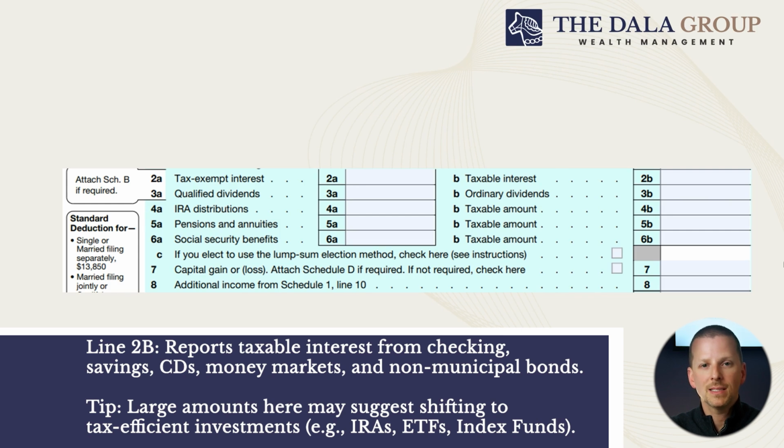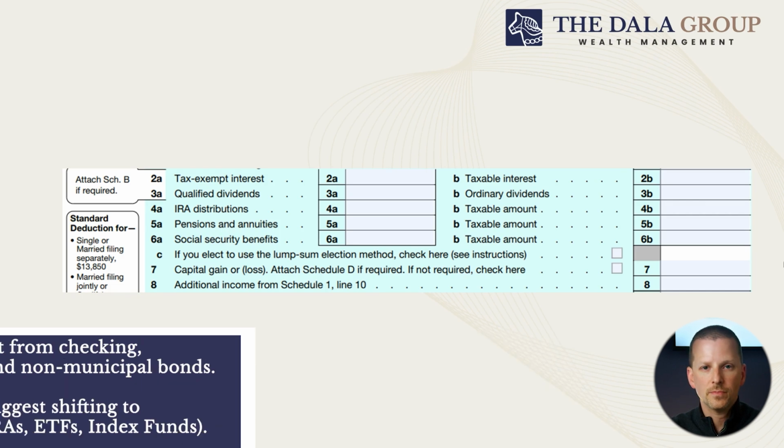Now, when we see a significant dollar amount on line 2B, we immediately ask, do we have too much money in interest-bearing accounts, and would it be more beneficial to shift that money into other investments or into accounts that are more tax efficient? For instance, if a client has both a taxable investment account and an IRA, could we shift some of the investments that are paying taxable interest into the IRA so we don't have to pay tax on the interest every year?